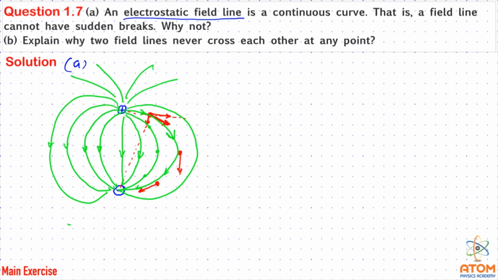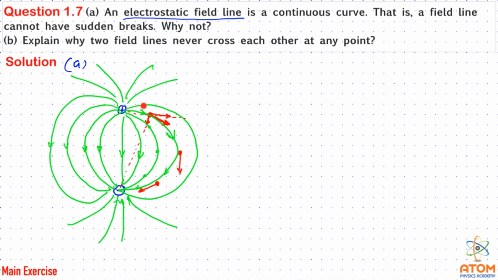Now the question is why it is continuous, why there is no breakage in this. The reason is simple. See, if I move on this curve, or say on this electrostatic field line, there is no point at all where there is no force.